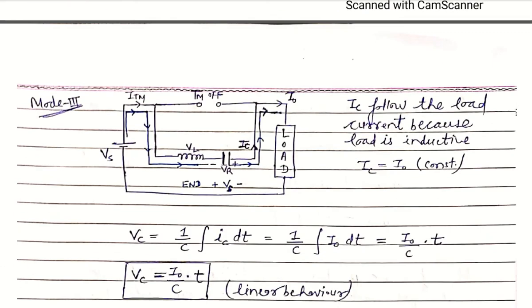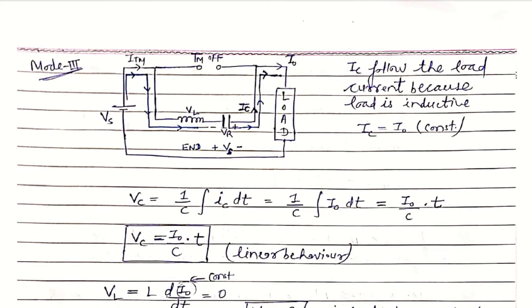We will continue with that polarity, and as TM is off, the main source current ITM will now flow through the LC branch to the load, as IC follows the load current because the load is inductive. So the output current will be constant, and this output current will be equal to IC, because charging current will be flowing from the positive polarity. So IC equals I naught, and I naught is already constant, so IC also has constant magnitude.